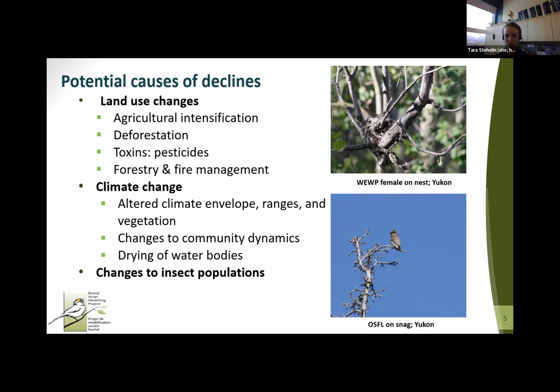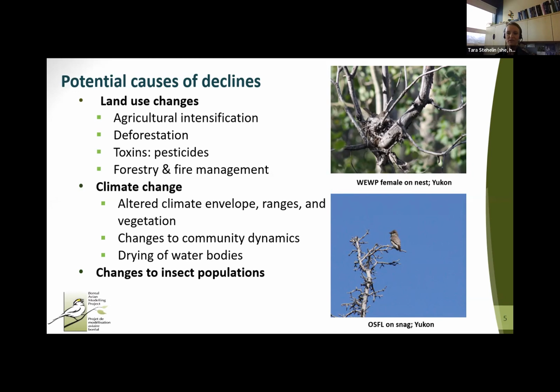Agricultural intensification, like I mentioned, so all sorts of different land use changes, an increased reliance on certain types of pesticides, like neonicotinoid pesticides, the use of which has increased dramatically over the past several decades. It's gone up, the use of neonicotinoids has gone up 500% in Canada.